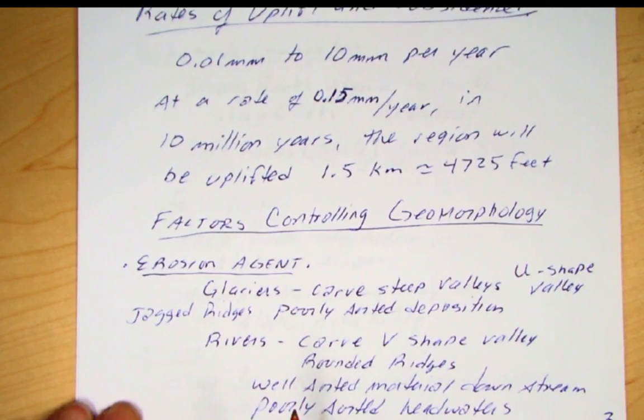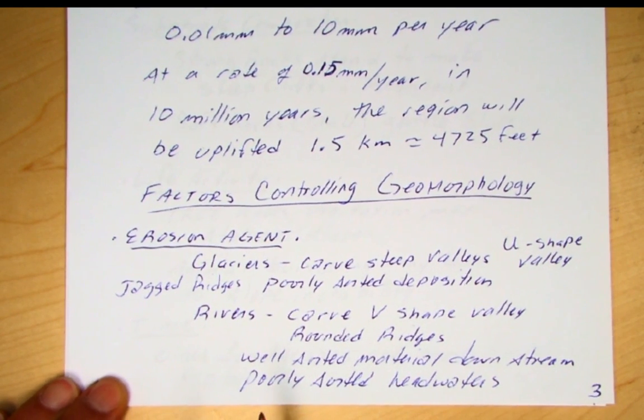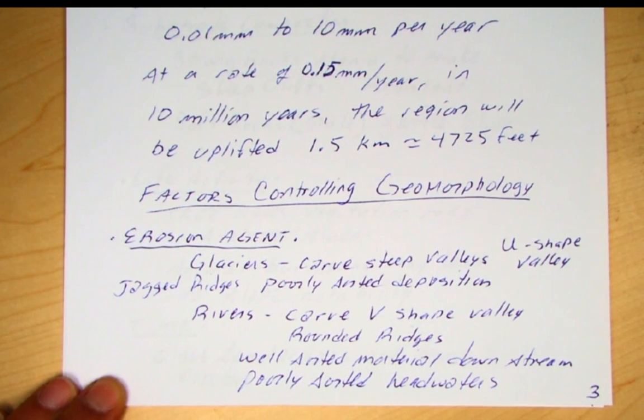Now, factors controlling geomorphology, the landscape. And there are several. The first one: well, what is it? Is it glacial ice? Is it water? Or is it wind? What's the agent of erosion? So one thing we find with glaciers is they carve steep valleys. If you've ever been to Yosemite National Park, the U-shaped valley, very steep walls, flat bottom of the valley.